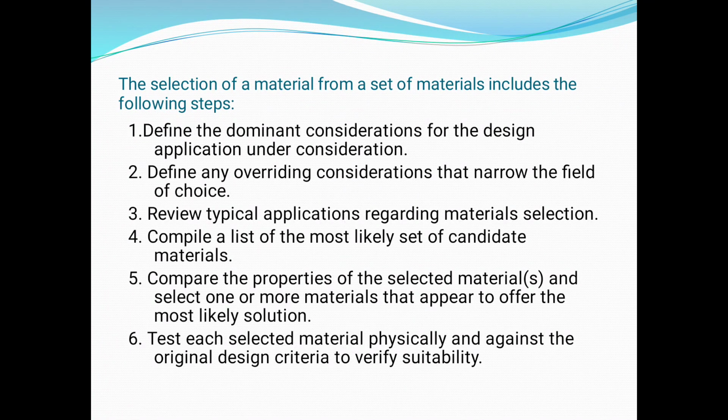The selection of material from a set of materials includes the following steps. First is to define the dominant consideration for the design, application and consideration, and second is to define any overriding consideration that narrows the field of choice, and third is to review typical applications regarding the material selection, and fourth is to compile a list of the most likely set of candidate materials, and fifth is to compare the properties of the selected materials and select one or more materials that appear to offer the most likely solution, and finally test each selected material physically and against the original design criteria to verify the suitability.